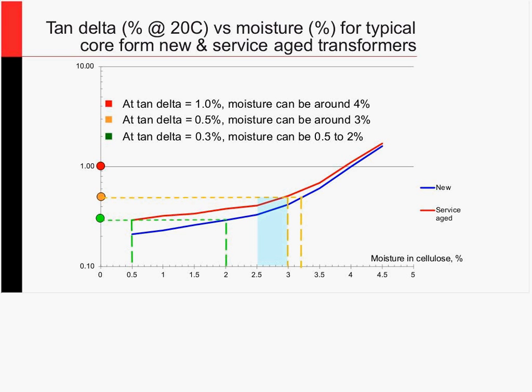It's not until I get a steeper curve, depending on which condition you're in, starting somewhere between 2.5% and 3% moisture content, that the power factor index really starts to react in some noticeable way. That's pretty bad news for a power factor measurement, that it has to get that advanced in moisture before you see any kind of movement.